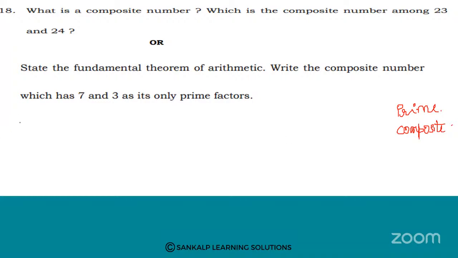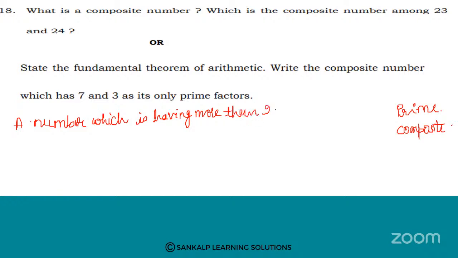A number which is having more than 2 factors, that number is called a composite number.